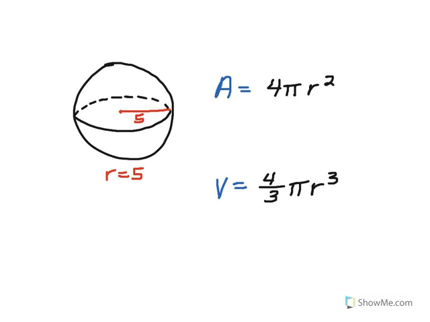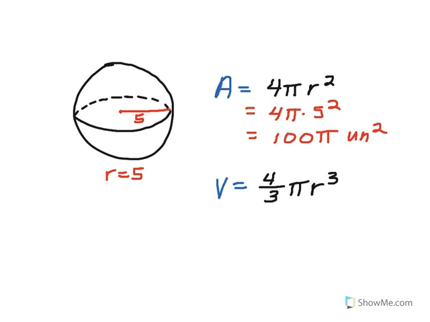So as an example, a sphere with a radius of 5 has an area of 4 pi times the radius squared, or 4 pi times 5 squared, or 4 times 25 pi, which would be 100 pi, and being a surface area, this would be in square units.